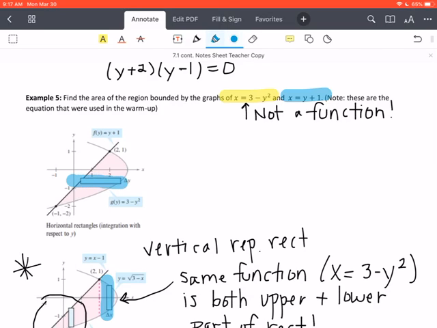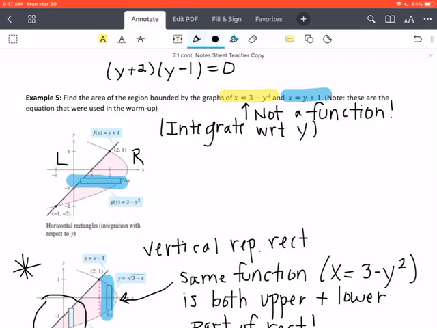In a horizontal rectangle, we are going to look at it from the perspective of the right function versus the left function, and we are going to integrate with respect to y. The big key here is you have to solve the equations for x.